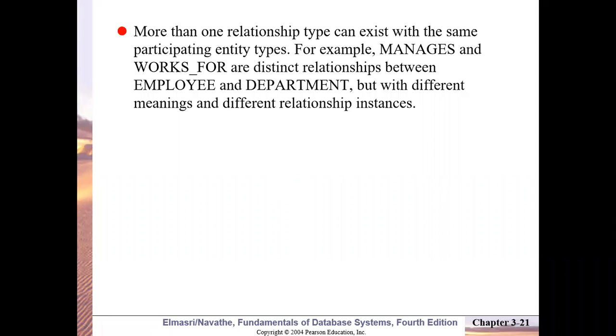This is just a note you should remember, because you are going to work on multiple queries later in the same case study. So you have to completely understand the case study. There could be more than one relationship type that can exist with the same participating entity types. For example, if you take manages and works for, these are 2 distinct relationships between employee and department.